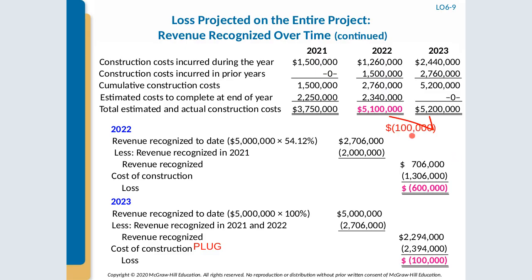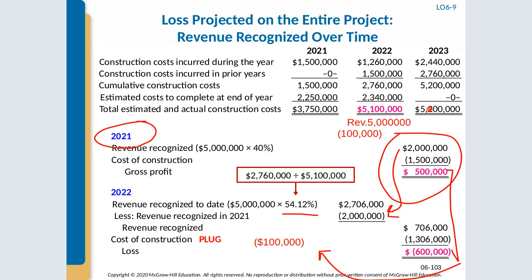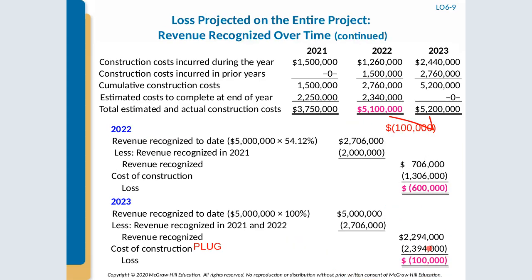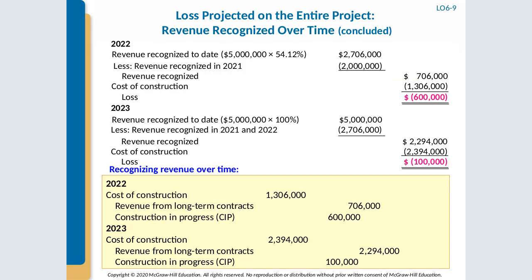So in essence, the combination of these losses, if we're looking at overall, we have a $200,000 loss in this project. 100,000 here netted from the 2 years, and then another 100,000 for the third year. That's 200,000 for this project. Was that crazy or what?